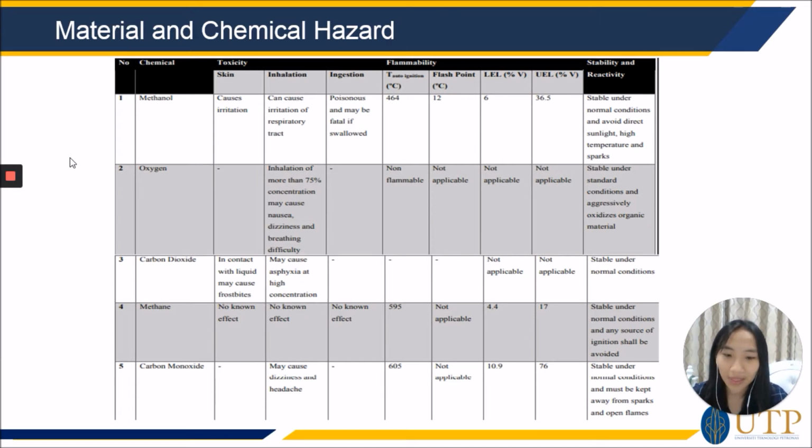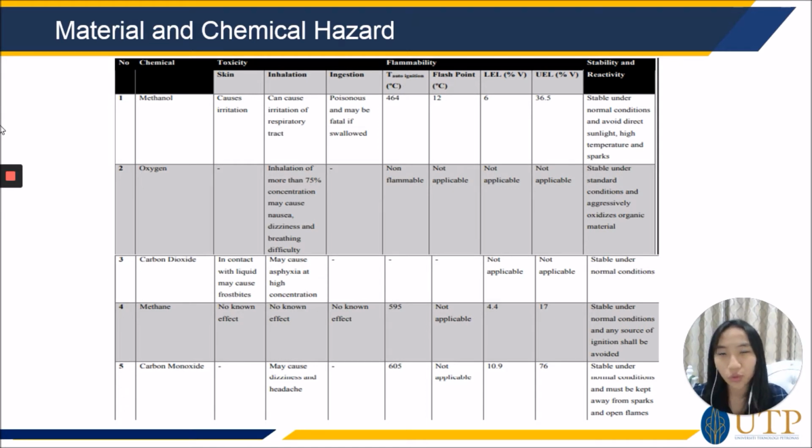Since MSDS documents the chemical safety of all of the chemicals, some of the information that are present in the MSDS, we extracted them and tabulated them. And some of the information are toxicity properties, flammability properties, as well as stability and reactivity. So for our case, we have around 14 chemicals or materials that are present in our plant.